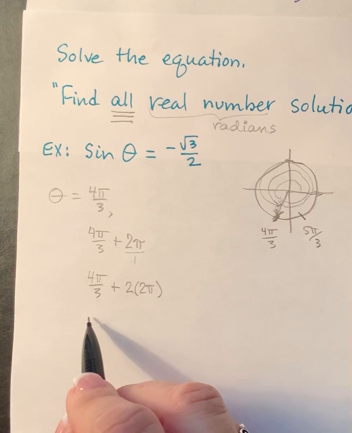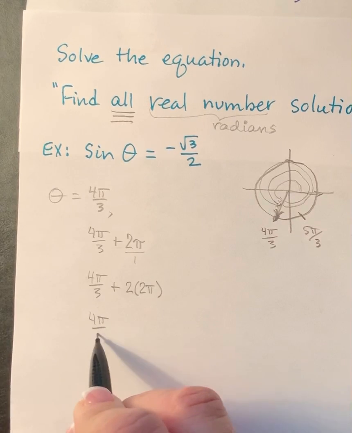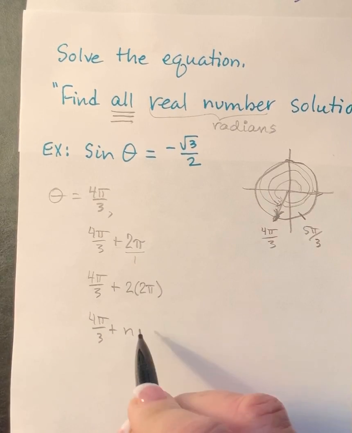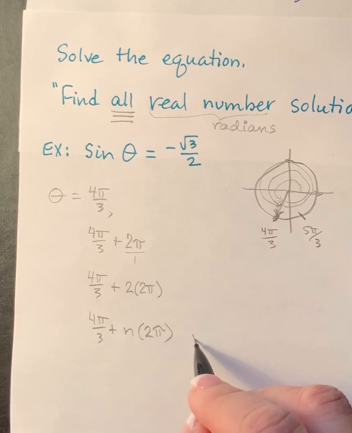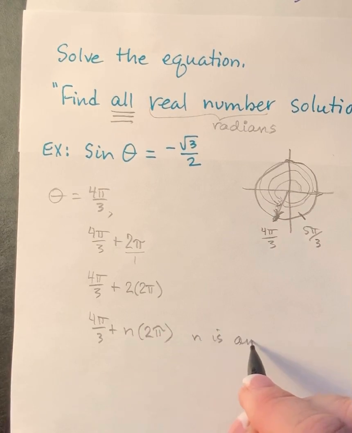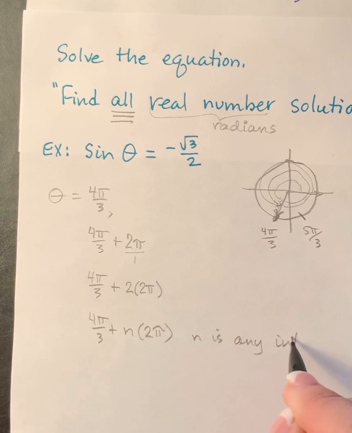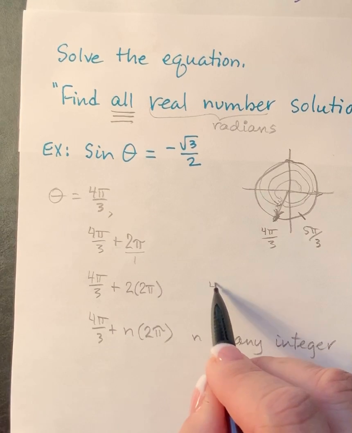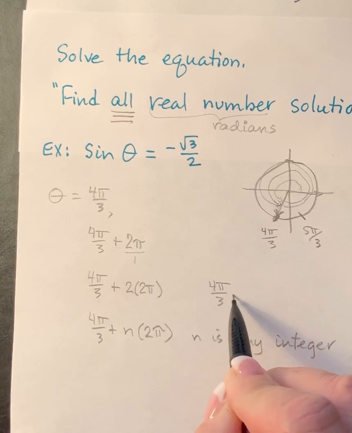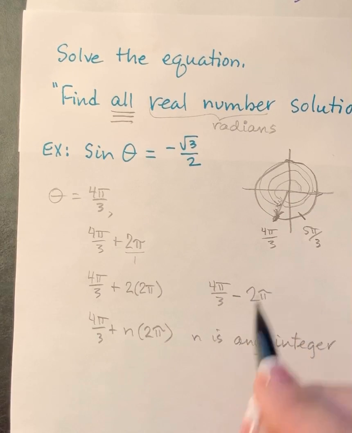So I actually could keep doing this: 4 pi over 3 plus any amount of 2 pi, n times 2 pi, where n is an integer. Now, integers can be negative, so this would include, say, -1. And so I'm saying that 4 pi over 3 minus 2 pi is also a solution, which it is.